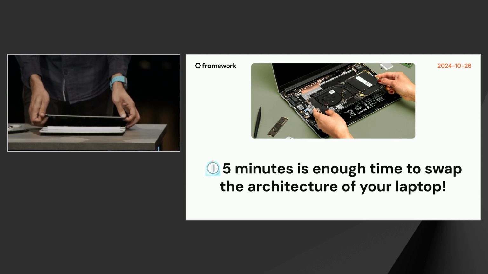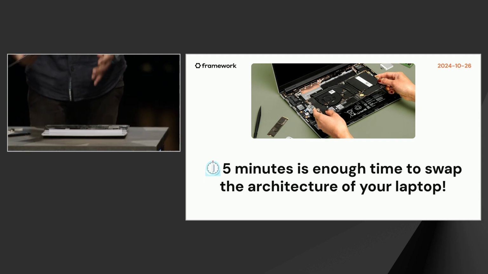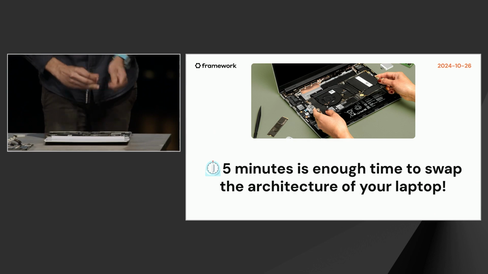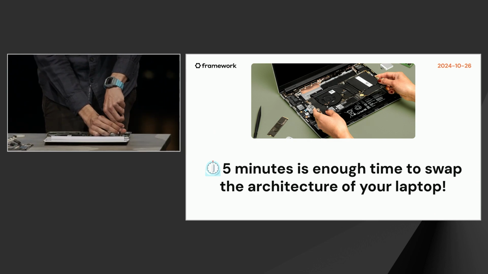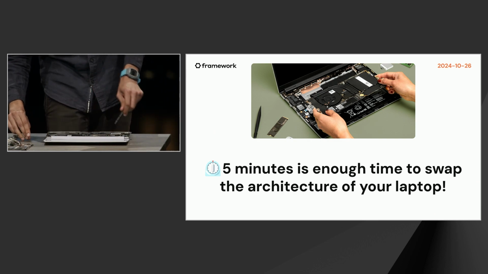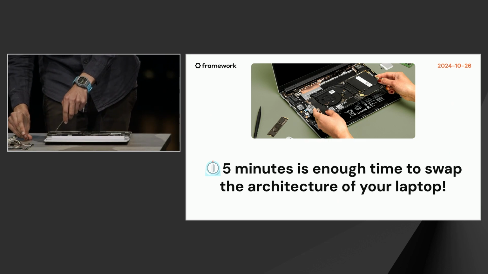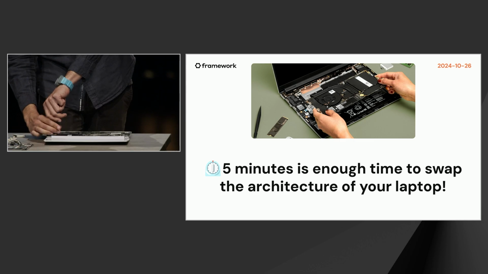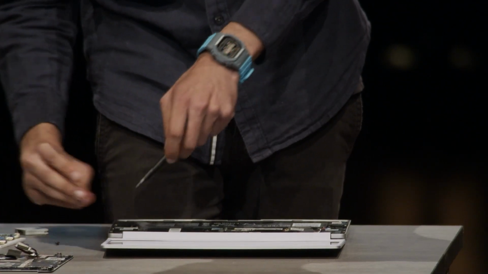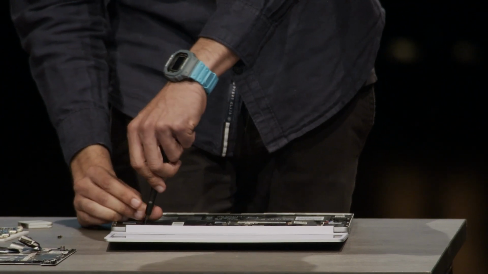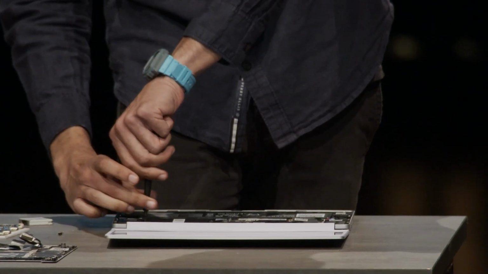And so what we've done with the Framework laptop and really the core philosophy of Framework itself is this idea that by designing products to be modular and repairable and upgradable, we can, of course, design them to last longer, but we can actually also enable the same types of powerful outcomes you get from software ecosystems with hardware as well.